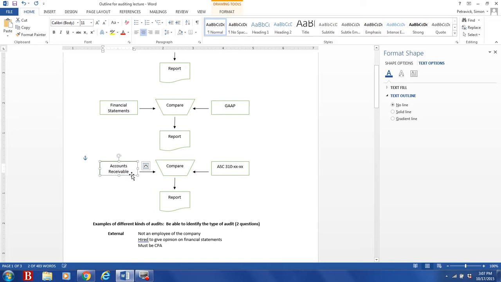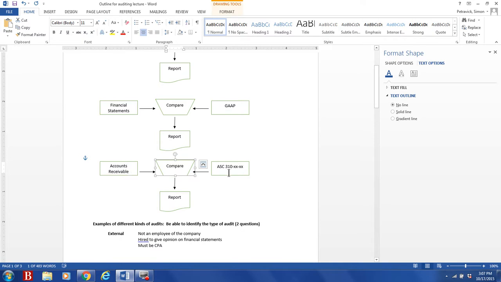So if the auditor was doing an audit of accounts receivable, if our criteria is GAAP, we would go to the codification 310, and in that part, that's where we find the accounting standards for receivables, and make a comparison.